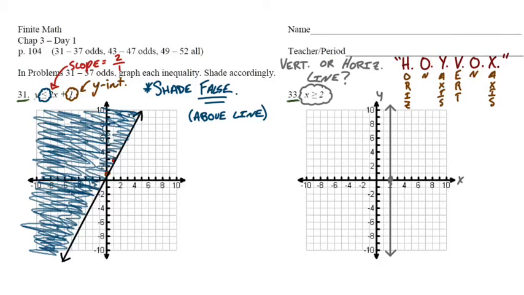So, for example, if I told you to graph x equals 2, you know you need a vertical line on the x-axis at 2. If I said graph y equals 5, you know you need a horizontal line at y equals 5. HOYVOX is a nice little acronym to help you remember how to make those vertical or horizontal lines.